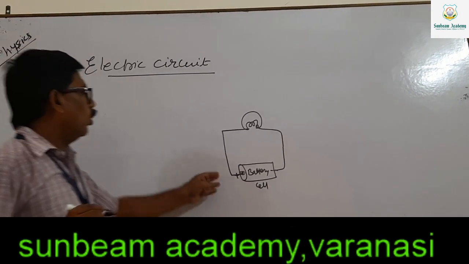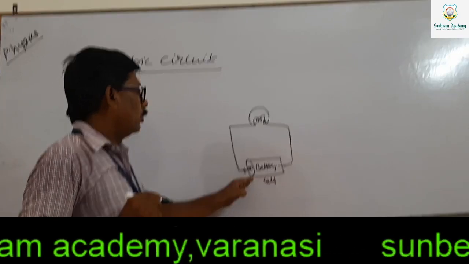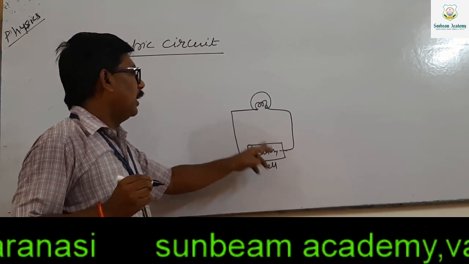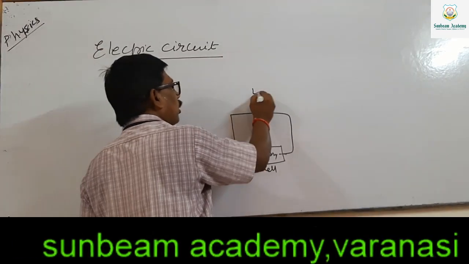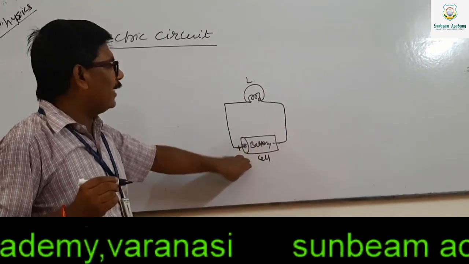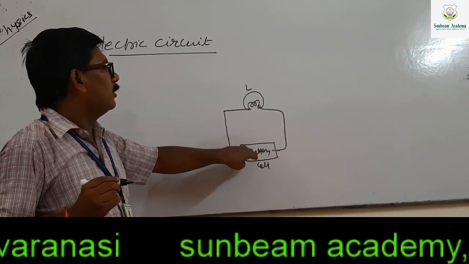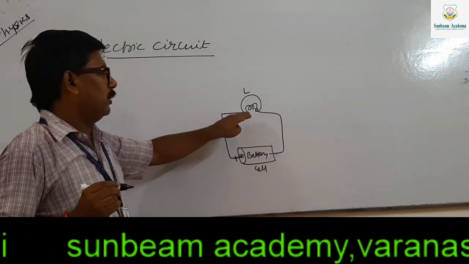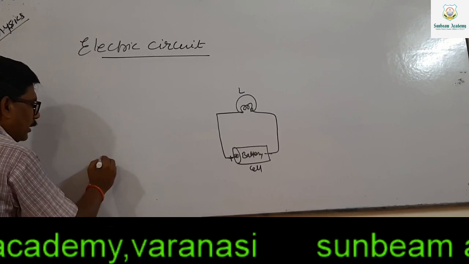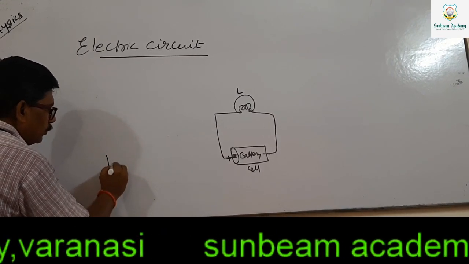Means it is a closed conducting path having a source of electrical energy and a load, this is called load or the element, connected to it which utilizes this electrical energy. Or in a simple way you can draw the electrical circuit in this way also.